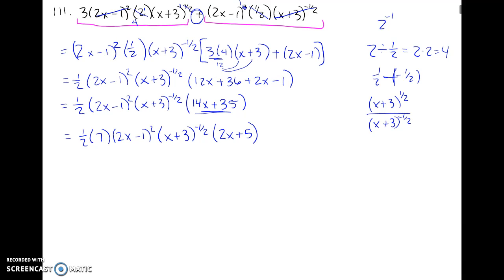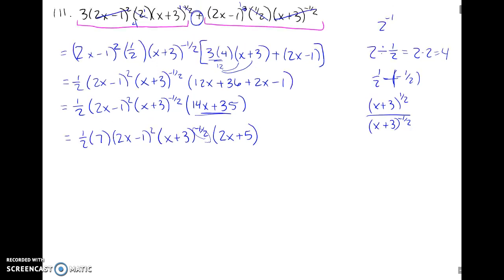Now, if it says to factor and simplify, you want to get rid of the negative exponents. So we're going to move that to the bottom. I'm also going to move this 2 to the bottom instead of having 7/2 on top, because a fraction over a fraction is not good. And remember up here, we said that was 2 to the negative 1.